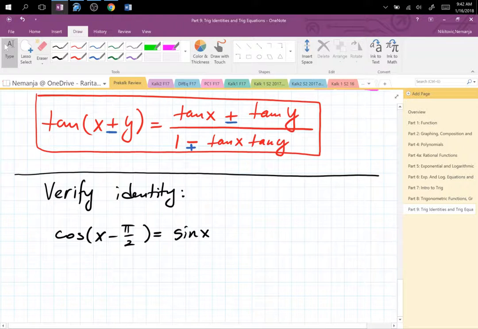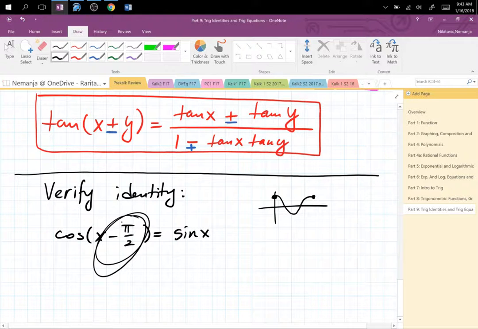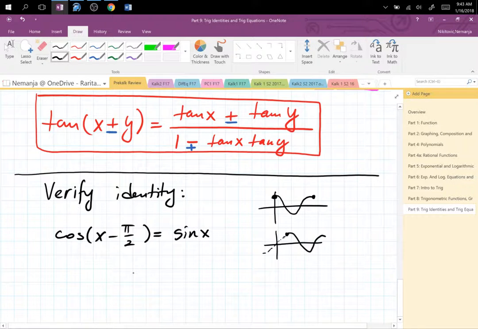But you can also say, what was my cosine graph? It looks like this, and now I'm supposed to move it to the right by pi over 2. So it's going to look this way. Oh, that is a sine graph. So, yeah, this sounds good.